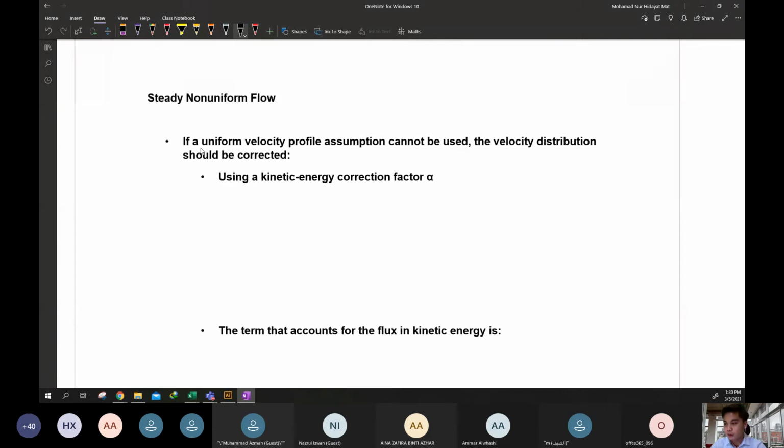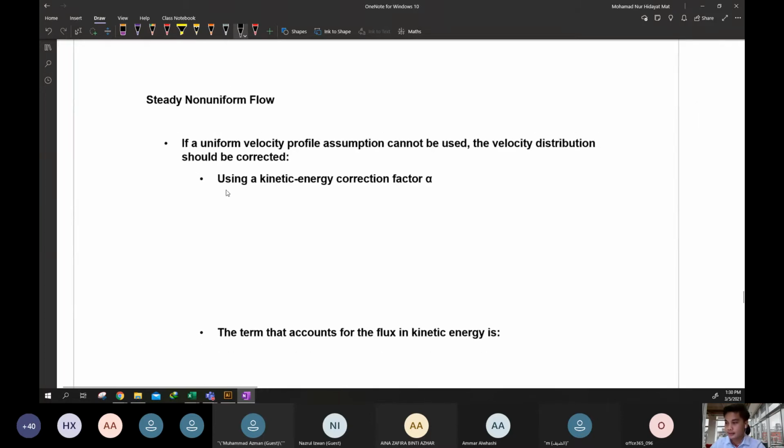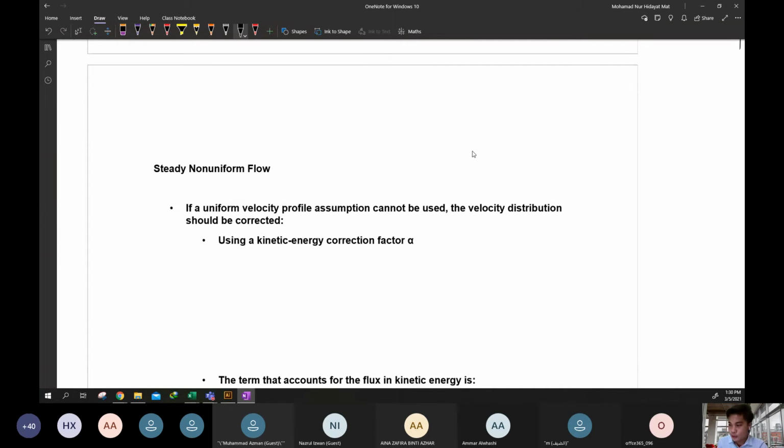If the uniform velocity profile cannot be used, the velocity distribution could be corrected. This is what I mean. Previously, we learned about uniform flow. This is uniform, and this is non-uniform. Okay, this is the flow.